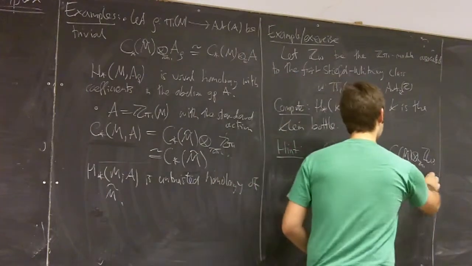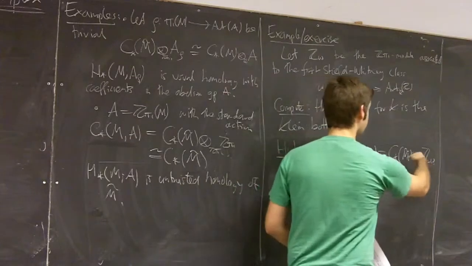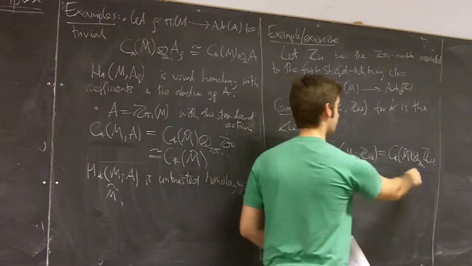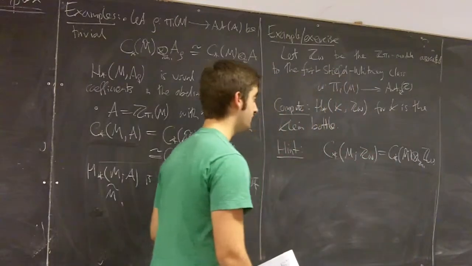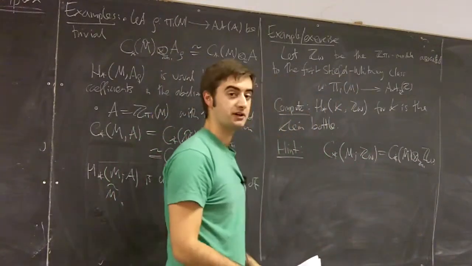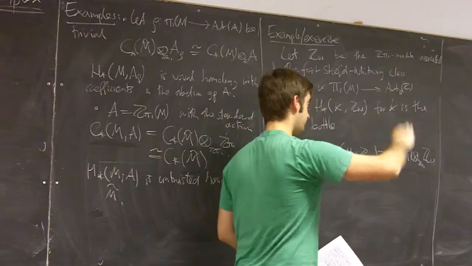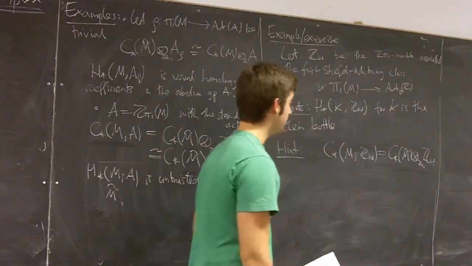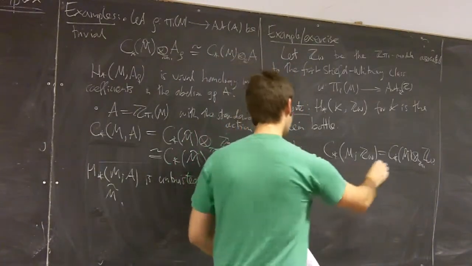So in tensoring over Z pi 1, we're effectively quotienting out by the action of these trivial loops on the universal cover. What this does is, when we quotient out by all the loops in the kernel of the Stiefel-Whitney class, this takes us to just the chains of the orientation double cover.